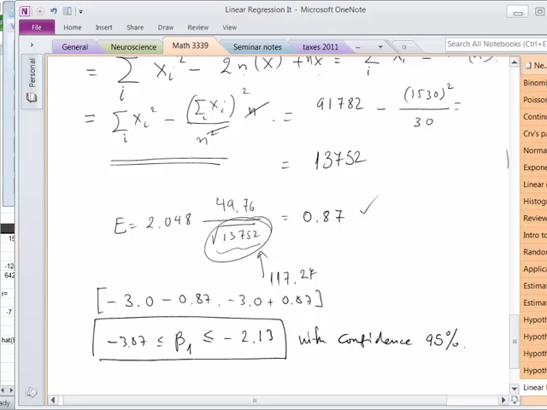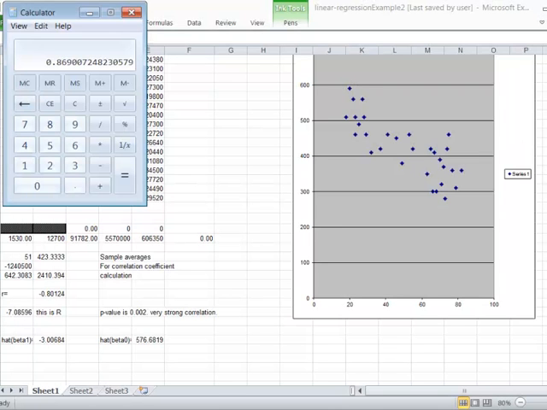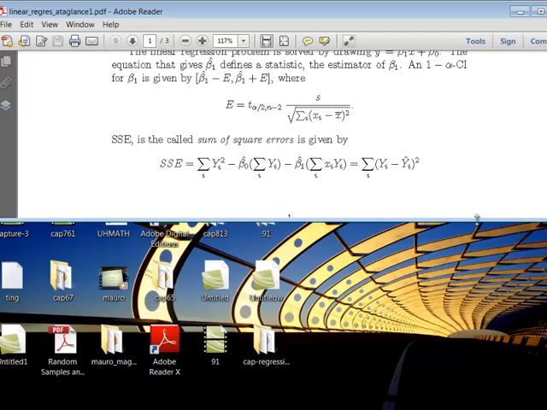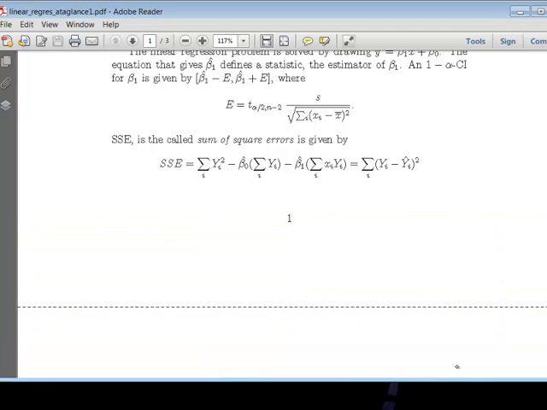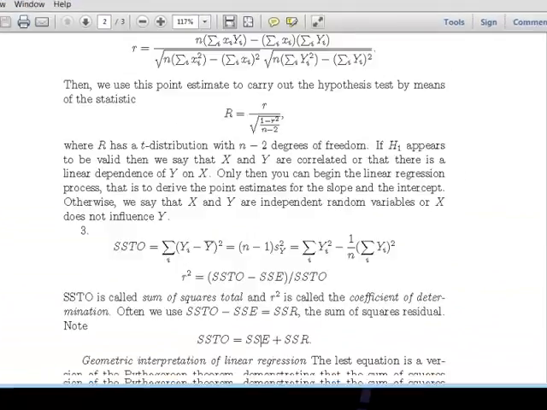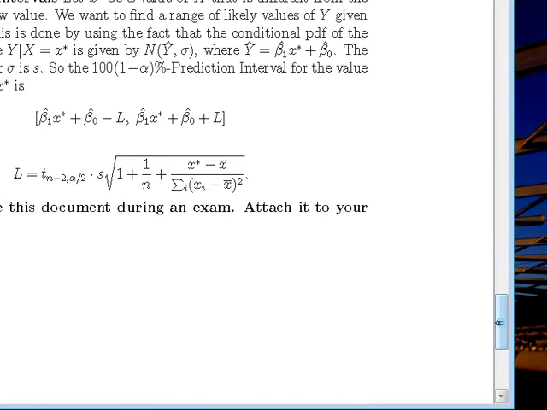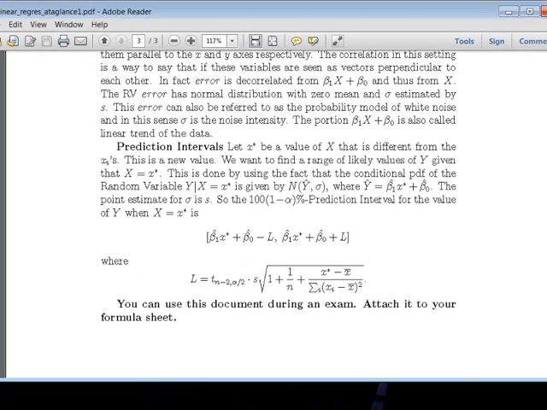The final thing I want to talk about is the so-called prediction interval. And now we have to see what the prediction interval is. What is the meaning of the prediction interval?